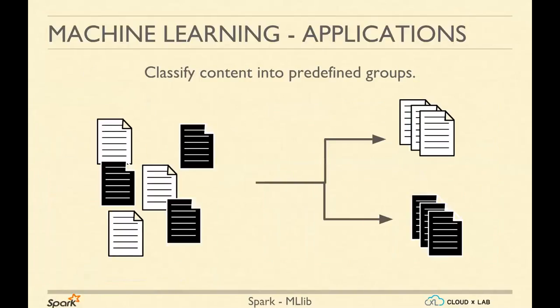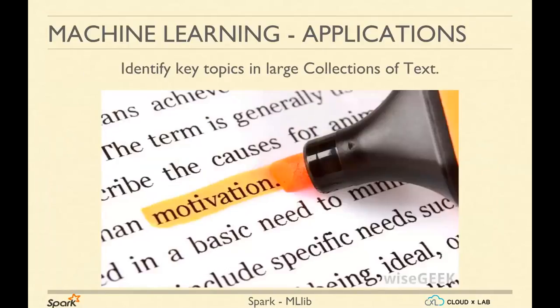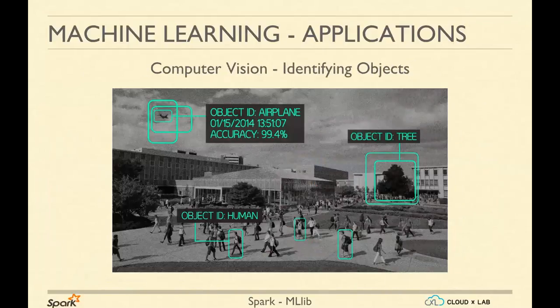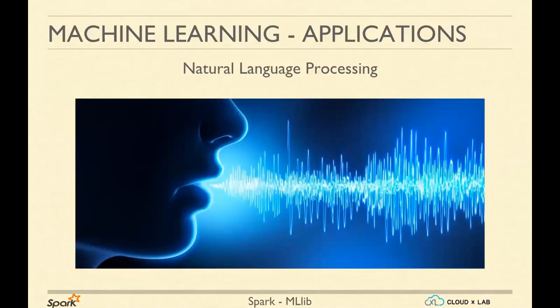Other applications could be classifying content into predefined groups, identifying key topics in a large collection of text, and computer vision, identifying what the object is. In natural language processing, you must have seen the Google I/O in which Sundar Pichai, the CEO of Google, demonstrated how a machine learning based algorithm placed an order, booked a table, as well as booked a haircut time slot. Those are a couple of examples of machine learning.